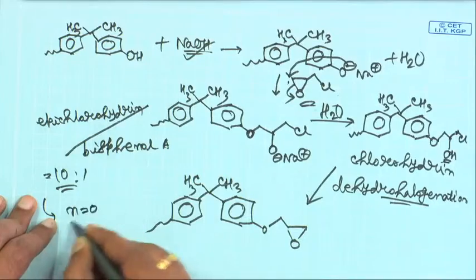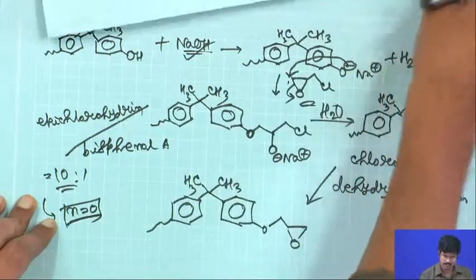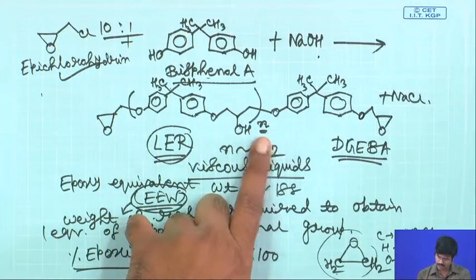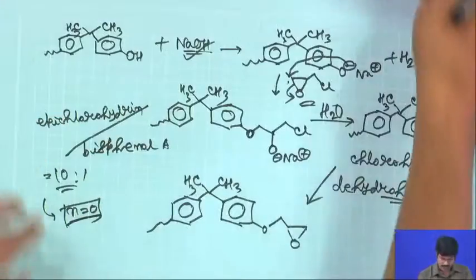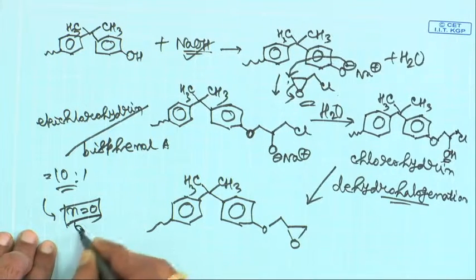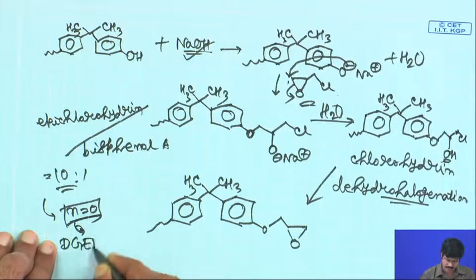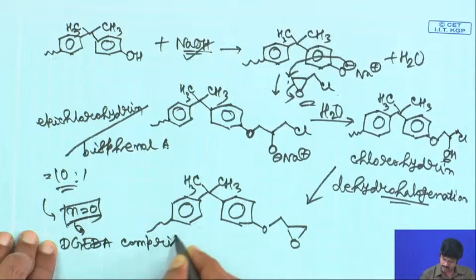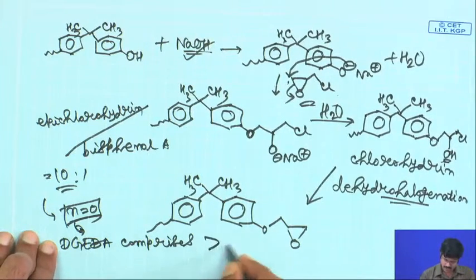if you are taking 10:1, then you will have the maximum amount with N equals 0, the product being your diglycidyl ether of bisphenol A. This monomer, the DGEBA, diglycidyl ether of bisphenol A, will comprise more than 85% of the reaction mixture.